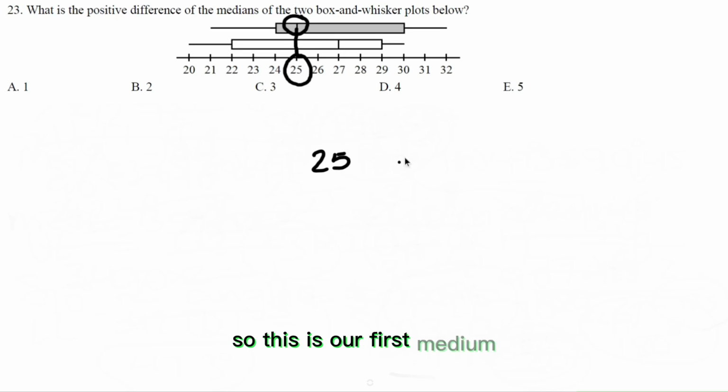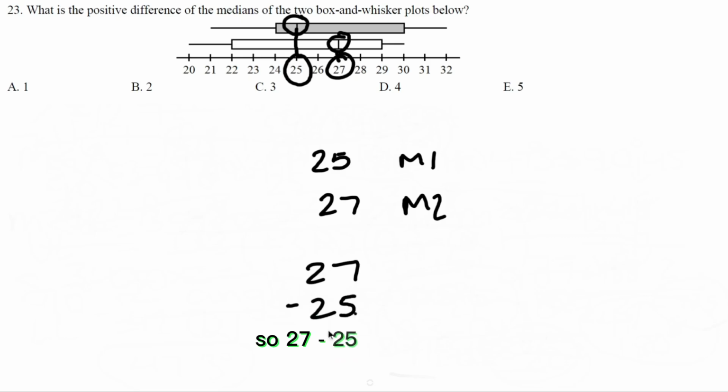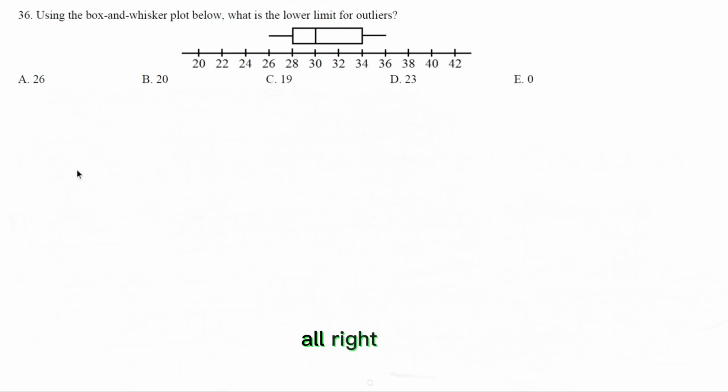So this is our first median, so we can write this as M1. And our second median, so that's this number right here, and that's 27. So 27 is our M2, or second median. Now we just need to find the difference. So 27 minus 25 equals 2. And that's your answer. Alright, next.